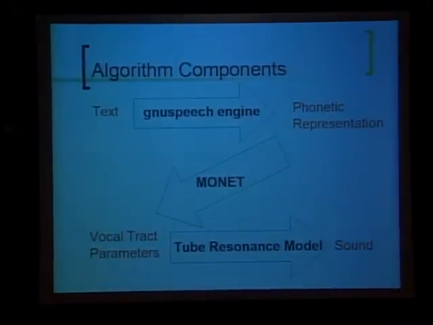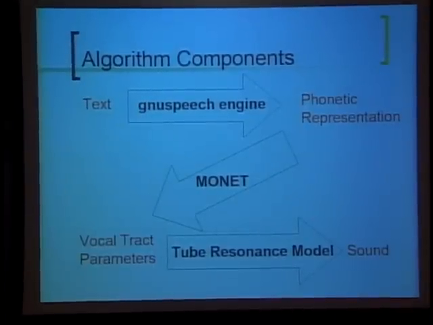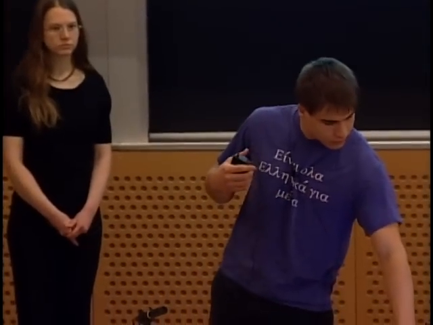The basic process is you take a text input standard string, and the New Speech Engine will take care of that and transform it into basic phonetic information, which MONET will then deal with, and will take that string and eventually convert it into what we call vocal tract parameters, which are basically parameters that can be sent to the tube resonance model. And those parameters will define exactly how this tube, which represents the throat and the nasal tract, changes over time to represent speech sounds. And with those parameters, you can send signal through it and create voice.